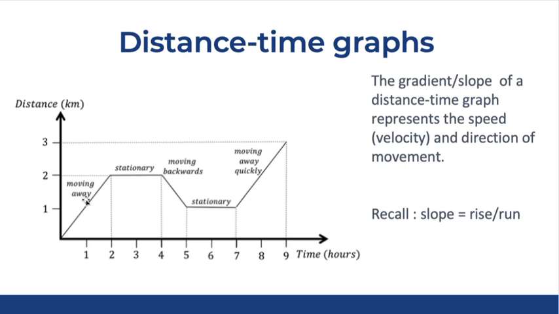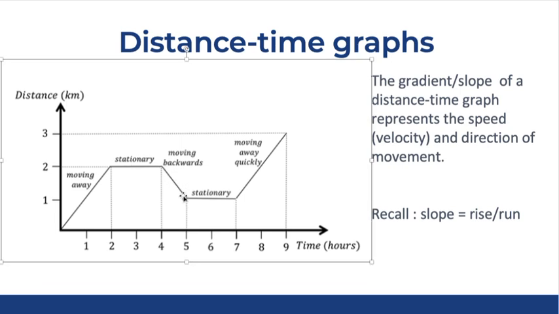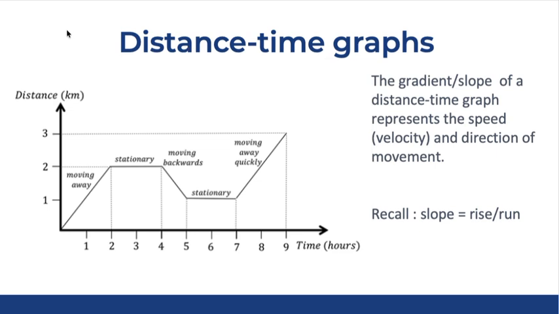Now when you have flat bits in your graph, that means it is stationary. A good example is if you are planning a road trip and you have taken a restroom break or a restaurant break to eat something or to fill up gas, your car is not moving, so that would be the stationary part. Now if a line is going down, that means you're trying to get back to the original place.